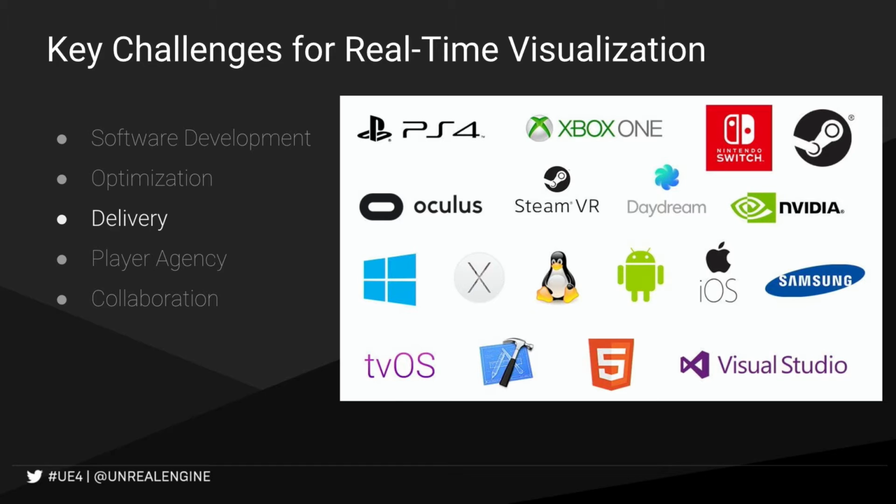With an interactive application in Unreal Engine 4, you can deploy to any of these platforms, from PC and Mac to mobile, VR, and each one of these platforms has its own considerations, its own benefits, and its own development environment. So if you are looking to develop for more platforms than just PC or Mac, there's going to be a learning curve there as well.